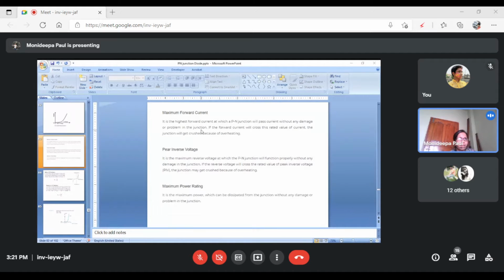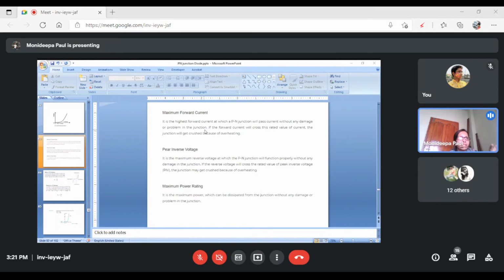The maximum current a diode can withstand without any damage is called the maximum forward current. That means it is the highest forward current at which the PN junction will allow current without any damage or problem in the junction. This is the maximum forward current.